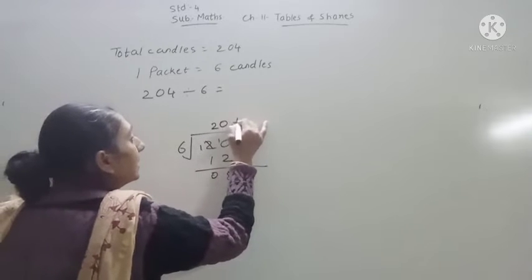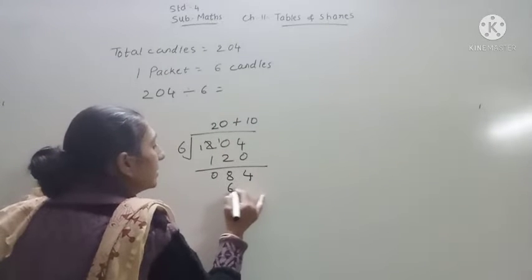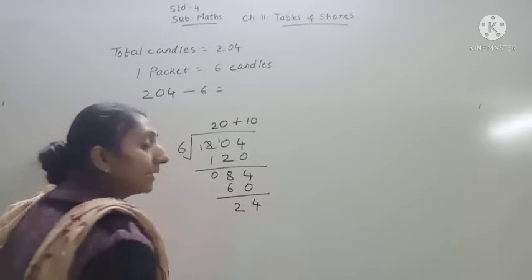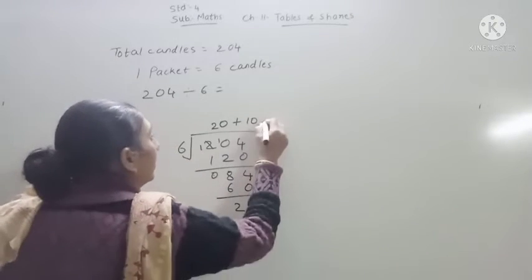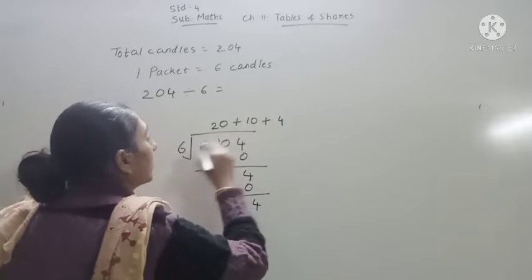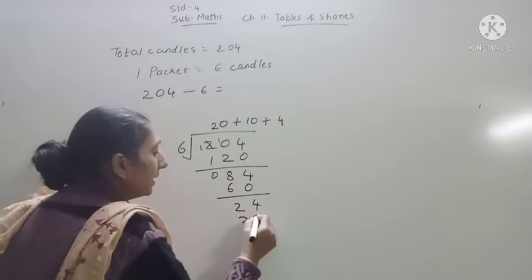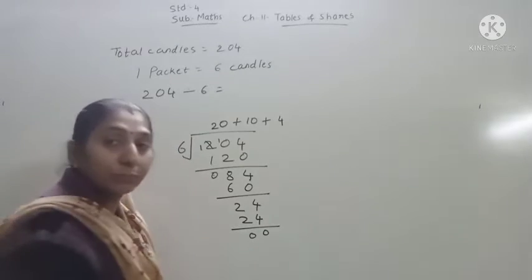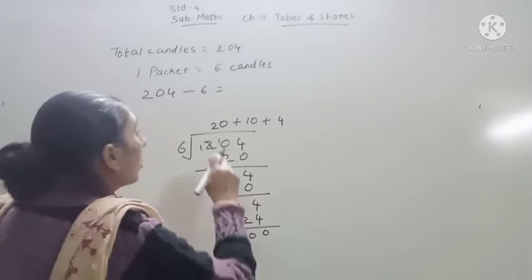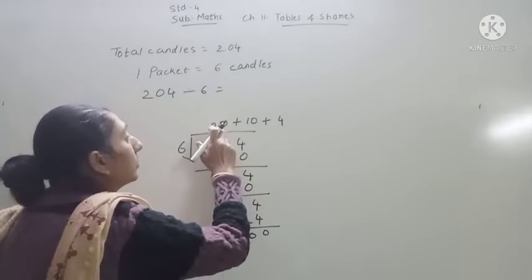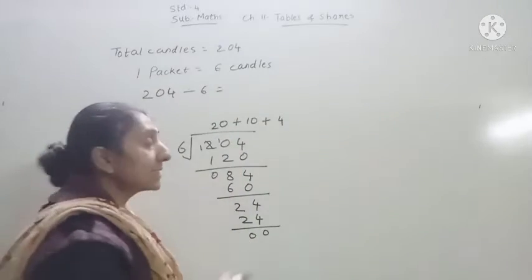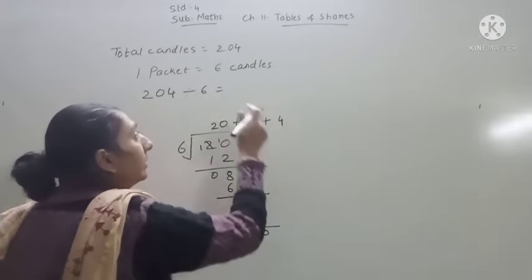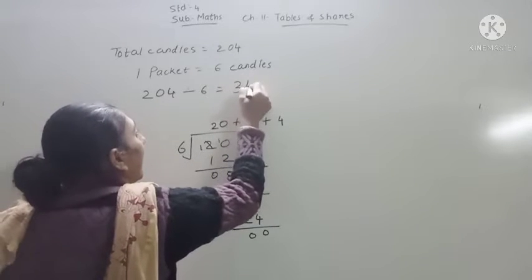Now 6 10s are 60. Now what's the remainder? 24. 6 4s are 24. 0 0. So what will be the number of packets? 20 plus 10, 30. 30 plus 4, 34 packets.